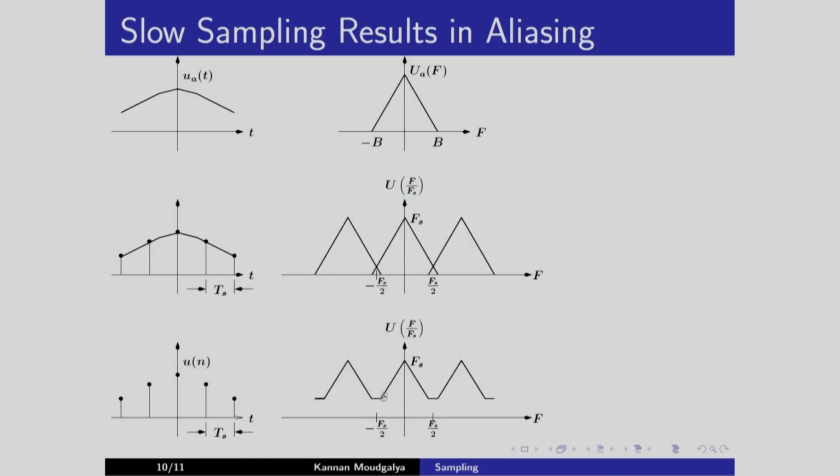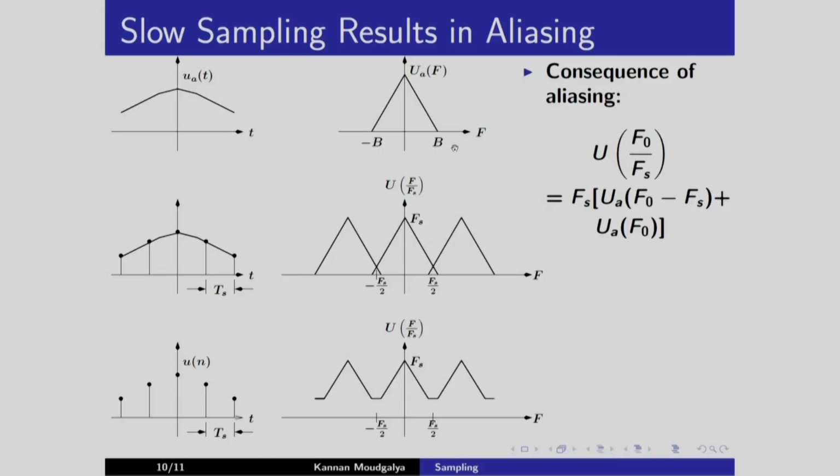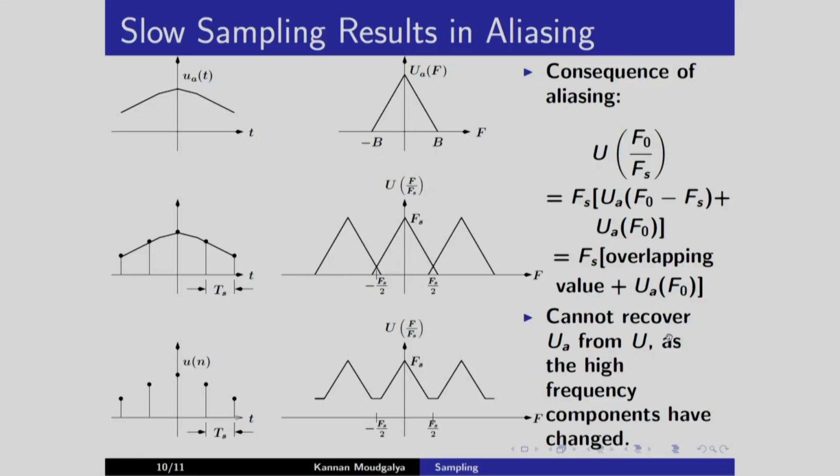If I were to take out the central portion, I will get only a distorted waveform, not the original waveform. This is the consequence of aliasing. The value of capital U at f naught is the analog expression, plus you get it from the next period, so the overlapping value plus the value of the analog expression itself. So we cannot recover ua from U, as the high frequency components have changed here.